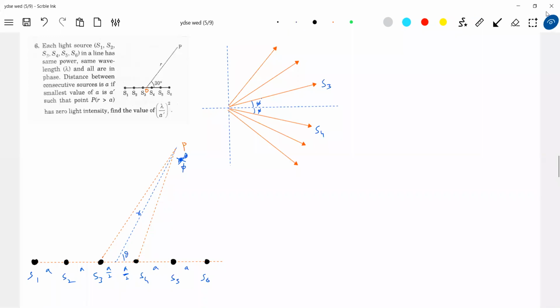If this covers A by 2, when it comes here it will cover some additional path. Shall we put almost like 3A by 2 additional? So for A by 2, if it has a phase phi, for 3A by 2 the additional path should give 3 phi, then this will be 5 phi. The same condition for S2, S1, and this will be S5 and S6. The same angles we can take on this side also.